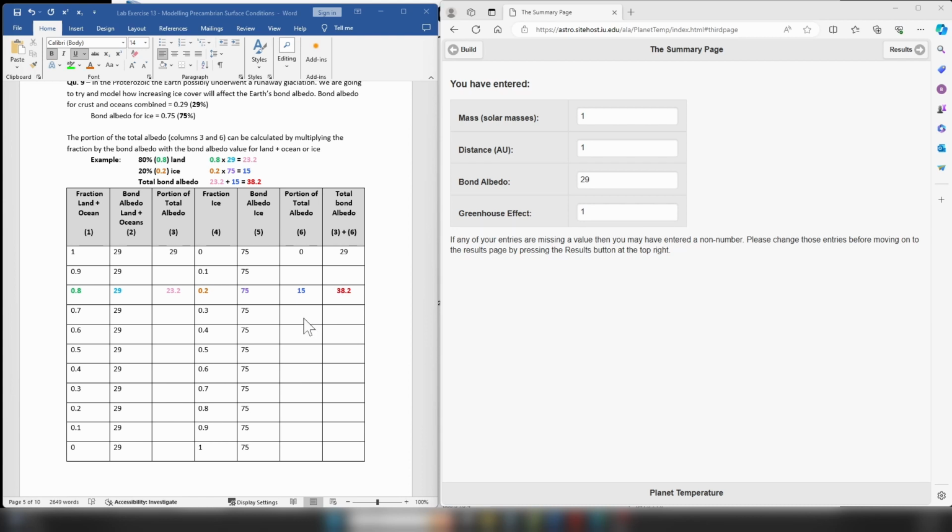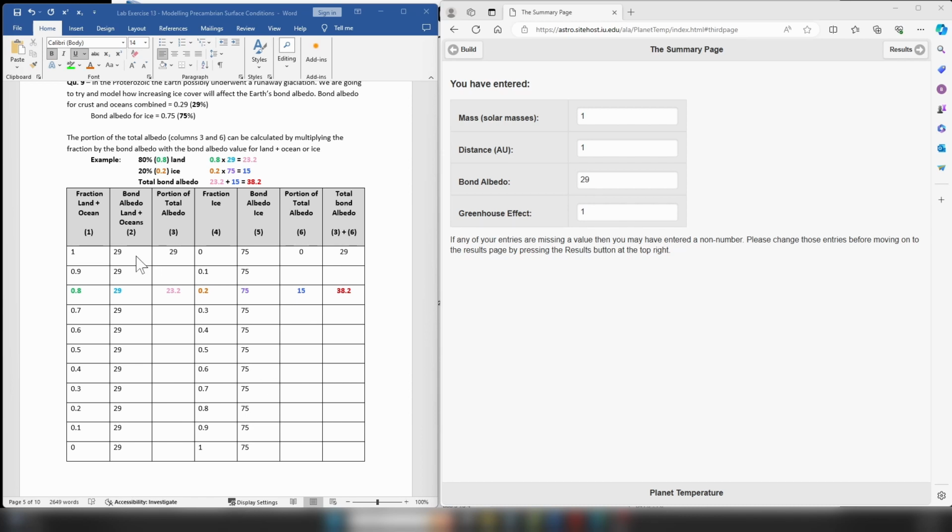And that's not surprising because 20% ice coverage is higher than we have now. And so if the Earth's surface today was covered by 20% ice, obviously that's going to drive up the bond albedo because that ice is going to be reflecting more solar radiation back into space.